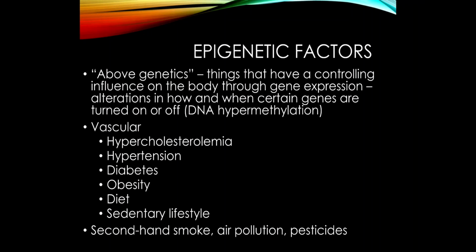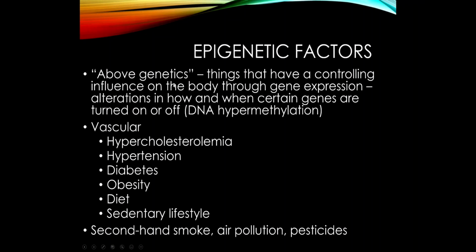Now, epigenetic factors are very important as well. And actually, as I said, most cases of Alzheimer's are sporadic, not hereditary. And so I am not an expert on epigenetics, but this is really a very big area in medicine in general, and certainly for Alzheimer's. So there's the term epigenetics.